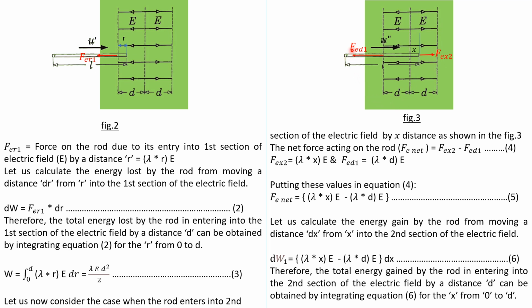So this diagram has been shown when the rod has entered by a distance x inside the second section of the field, and d section is already inside the first section of the field.